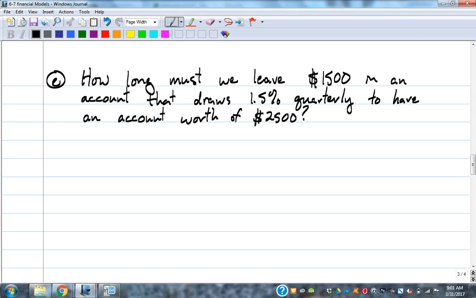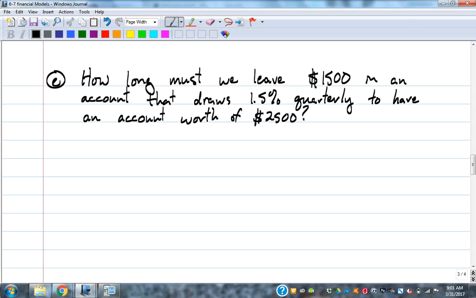And then I had some that I was going to use on my senior trip. So I'm going to put $1,500 into a savings account, and I want to know how long I'm going to have to leave that there if that savings account draws 1.5% quarterly, if I want it to be worth $2,500 at the end. So how long am I leaving it there?